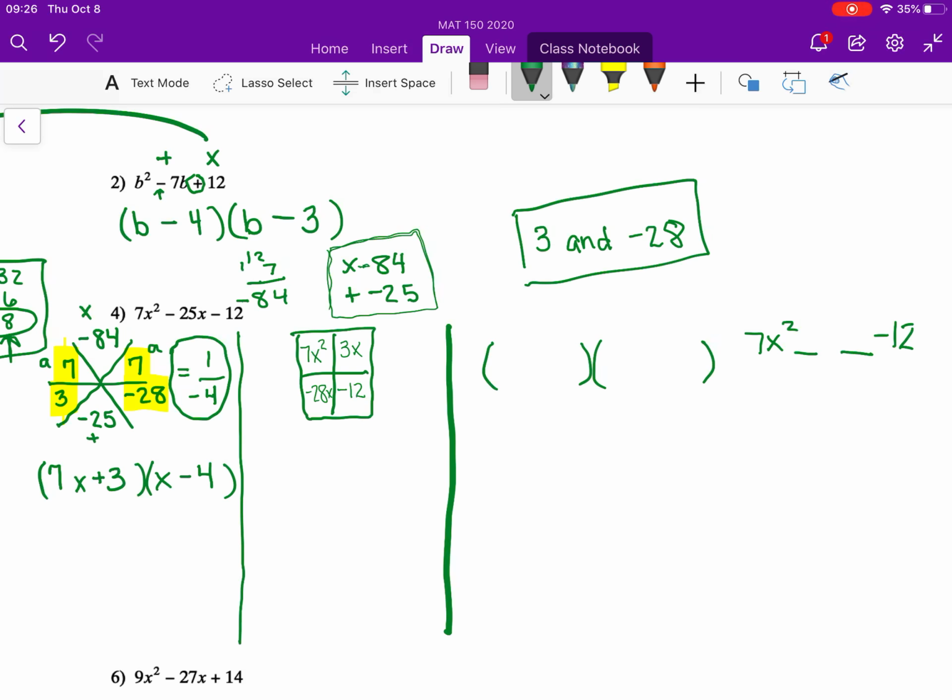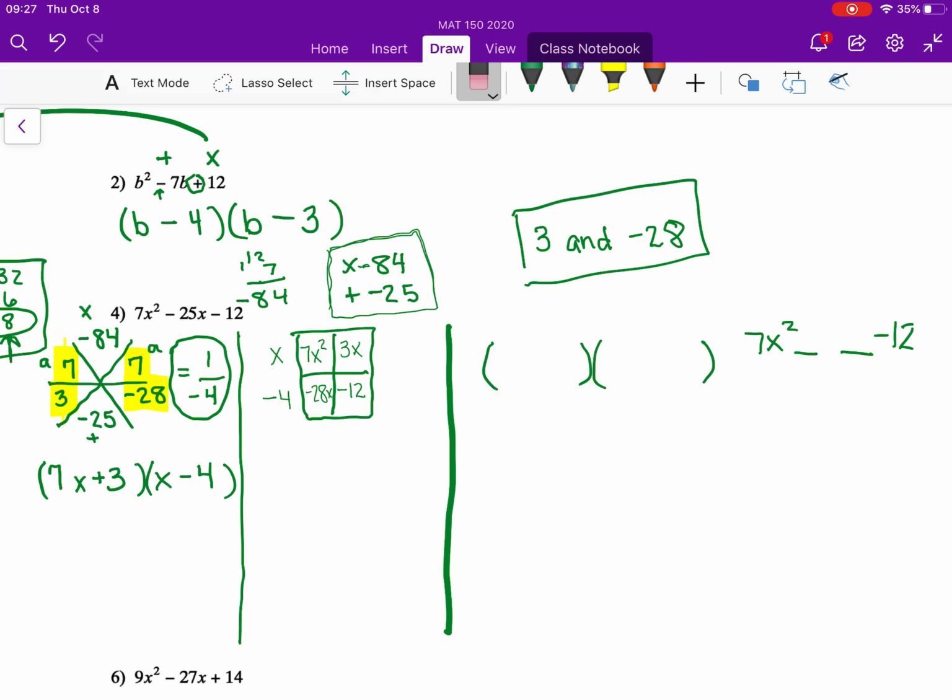And then we undistribute everywhere, okay? So, aka factor out. 7x squared, 3x. Well, that only has an x in common. Negative 28x and negative 12, well, that has a negative 4 in common.